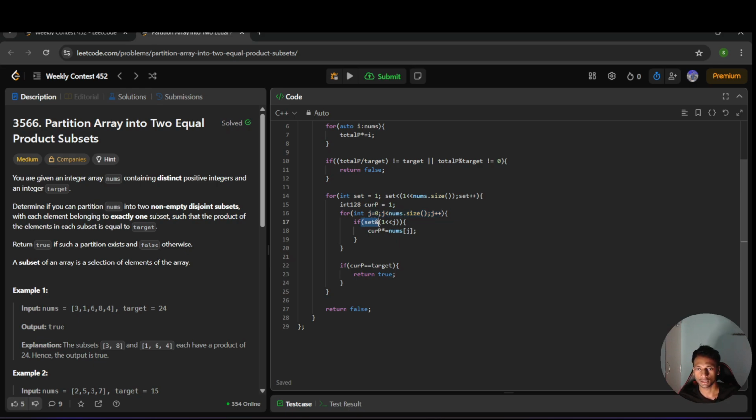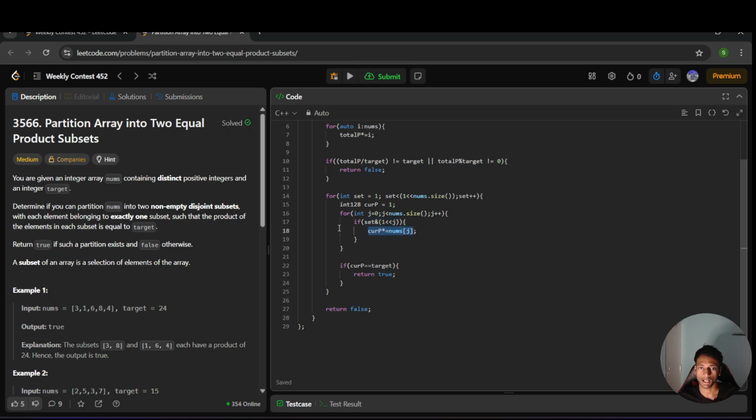So if the current value right shifted by j and ANDed with 1 is equal to 1, that means the jth bit is set. I will enter this if block and take the current nums of j and multiply it with the current product. This indicates that the jth bit is set, which means the jth number is present in the current subset, so I multiply it with the current product.